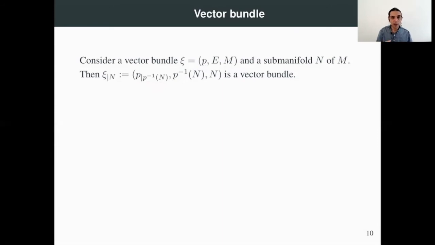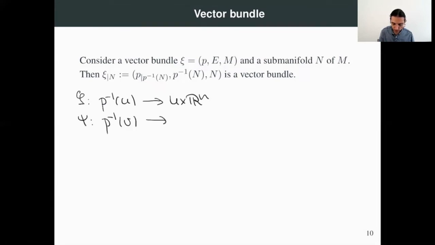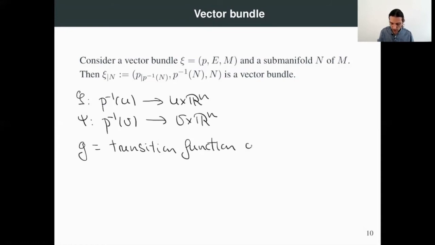So how can we see this? If we have two vector bundle local charts for our vector bundle, we can consider the transition function associated to these two vector bundle charts, phi and psi, right?